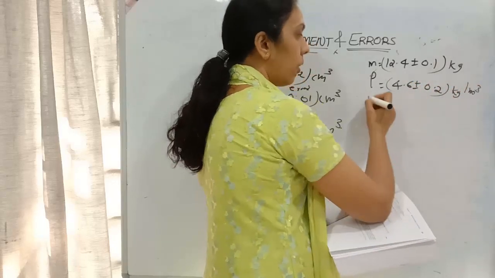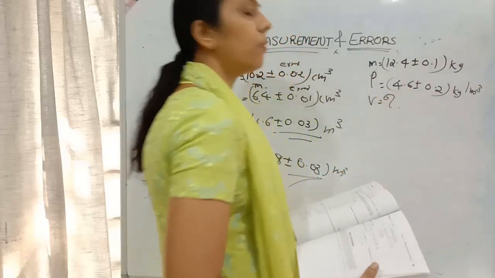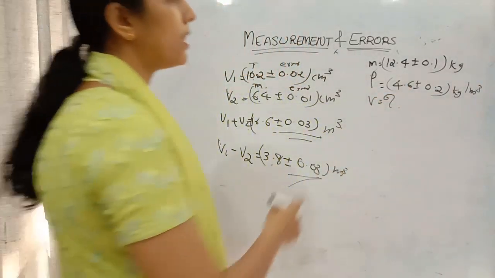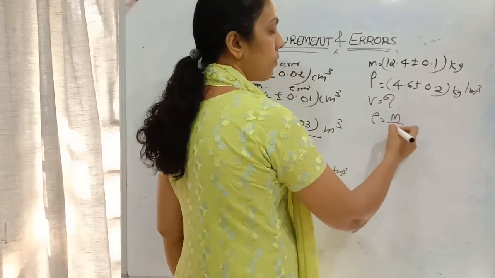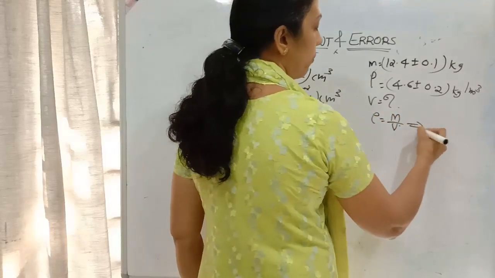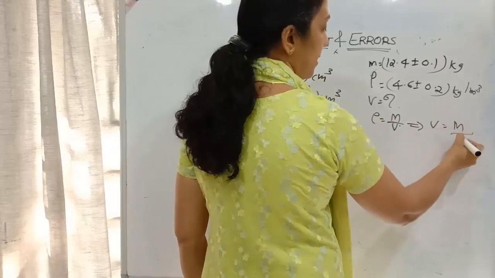Calculate the volume of the sphere. How can we find out the volume? Density equals mass by volume, right? Therefore, volume will be equal to mass by density.